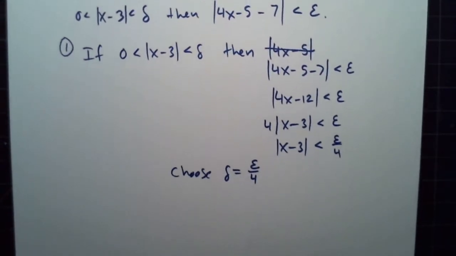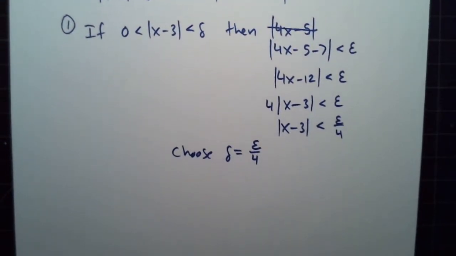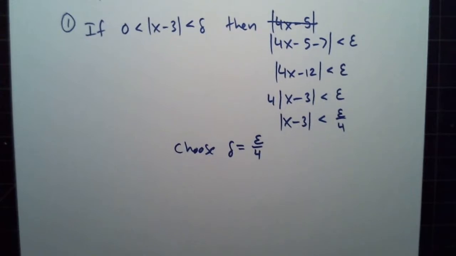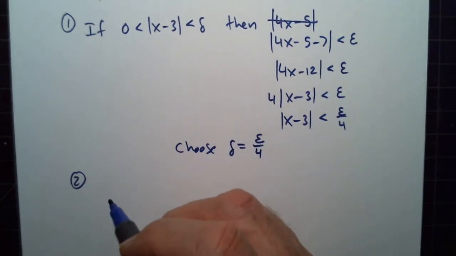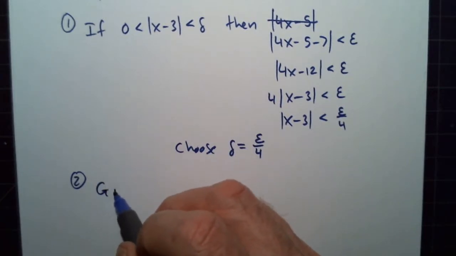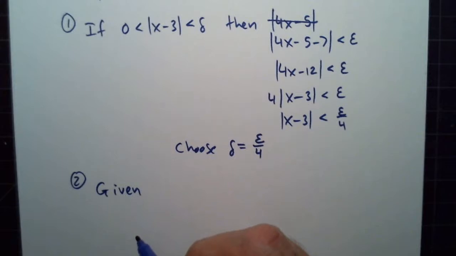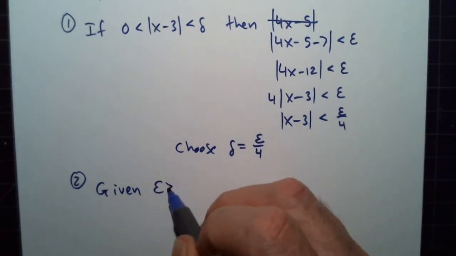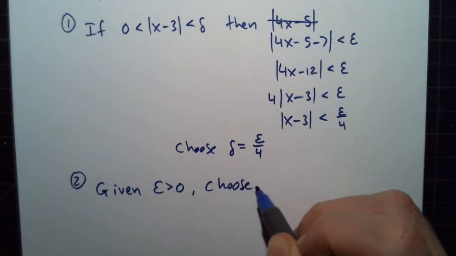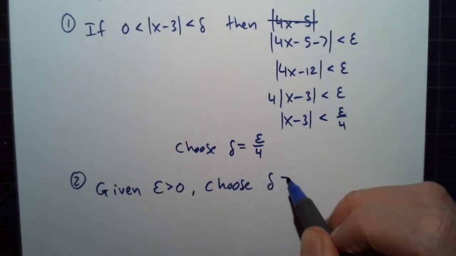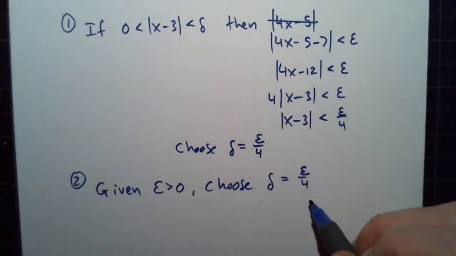And this is all the preparation, and now we just state the formula, state the theorem or definition. So now we just restate what was given. Given epsilon greater than 0, choose delta equal to epsilon over 4.